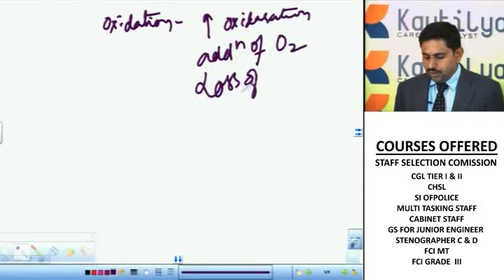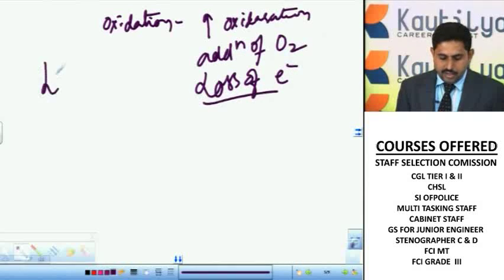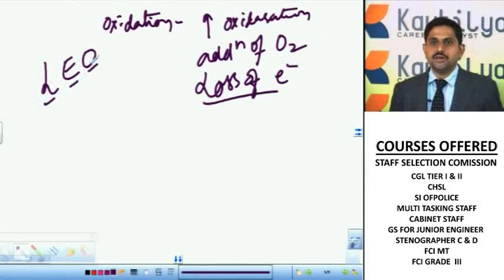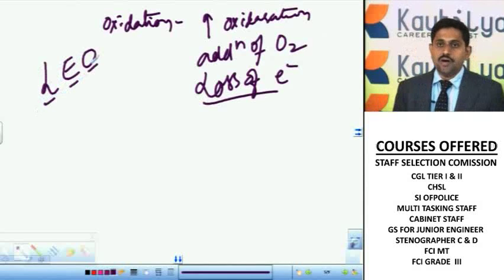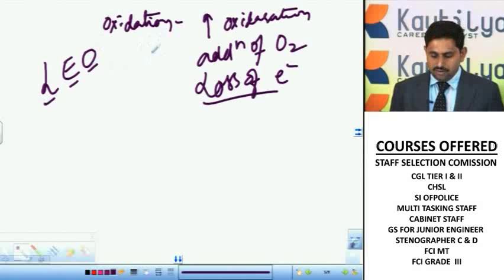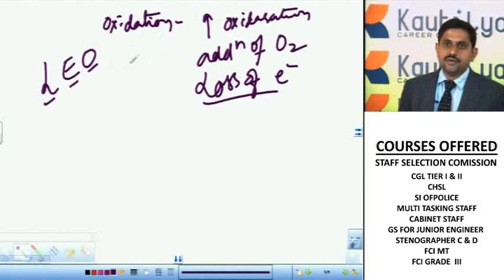Simply we need only one definition here, that is enough: loss of electrons. Simply to remember LEO: LEO means loss of electrons is called oxidation. So oxidation means the loss of electrons. If any metal or anything is involved in oxidation, it loses its electrons. Loss of electrons is called oxidation.